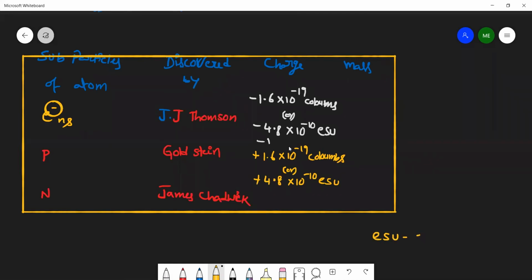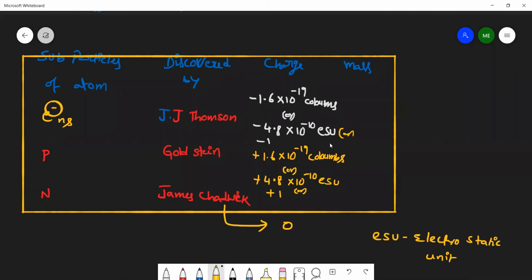Or plus 1. Then what is the charge of the neutron? The neutron charge is 0. We already know that.